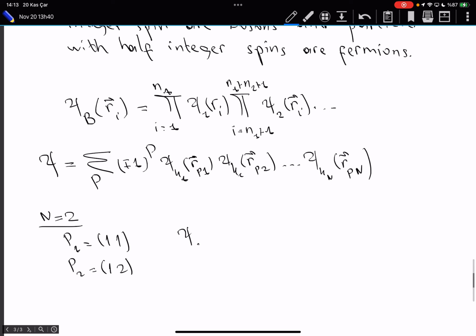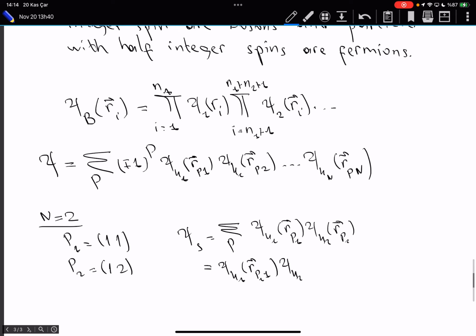So the symmetric wave function will be the sum over P of psi K1 R P1, psi K2 R P2. Remember, these K1 and K2 are all the quantum numbers of these wave functions. The factor is +1 to the P, which is +1. Which will be psi K1 R of P11, psi K2 R of P12, plus psi of K1 R of P21, psi K2 R of P22.